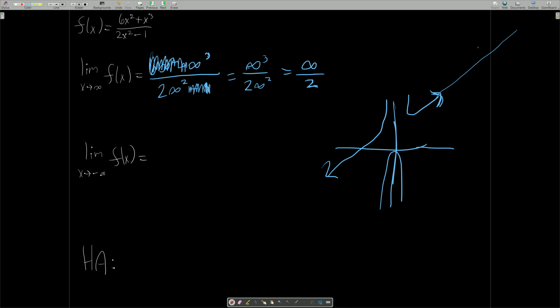This limit, this horizontal asymptote, it just does not exist, because there is no horizontal asymptote for this function, because the biggest degree in the numerator is greater than the biggest degree in the denominator.